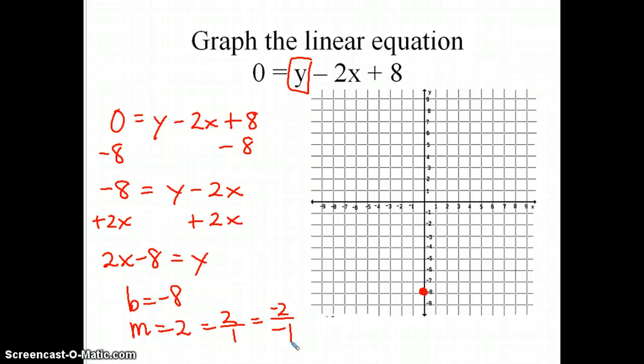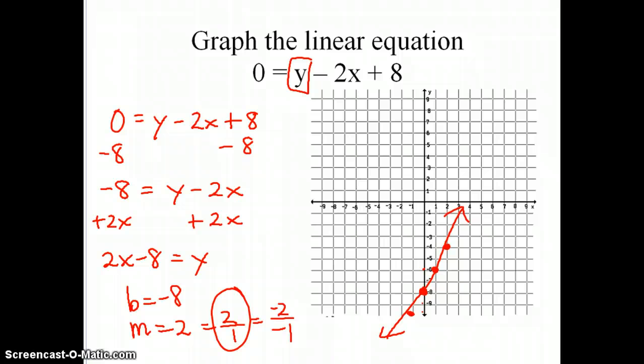Moving on to my y-intercept at negative 8, I go up 2 units to the right 1 unit. And I can go up 2 units to the right 1 unit. You'll notice this time the only slope format I used was the positive 2 over the positive 1. I could use the negative 2 over negative 1 by going down 2 units and to the left. I have my points, and I draw my line in.